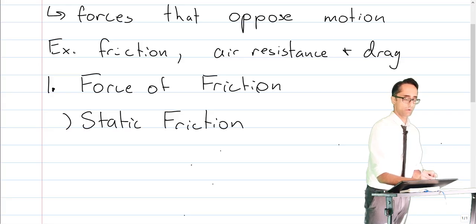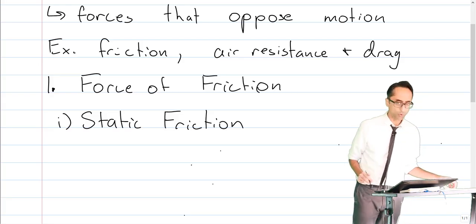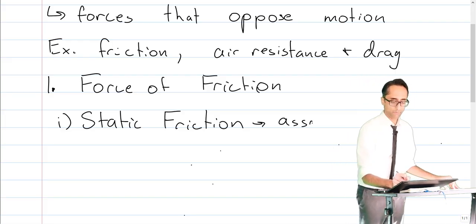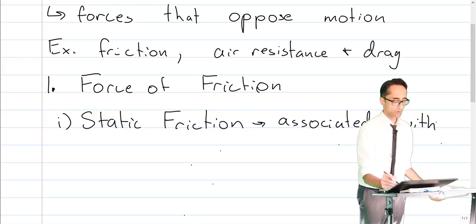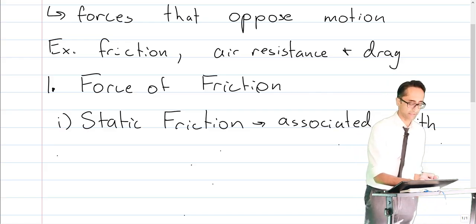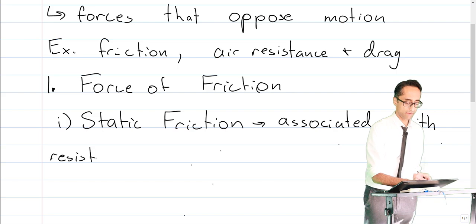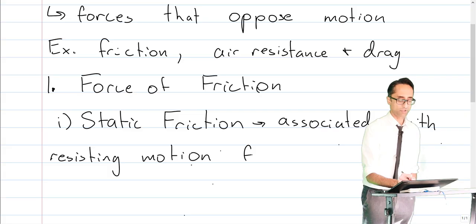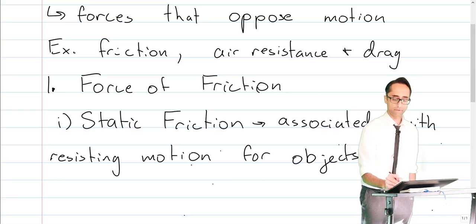Call this 1. All right, and so as mentioned, static friction is our frictional force that's associated with resisting motion for an object that is not moving, or for objects that are not moving.